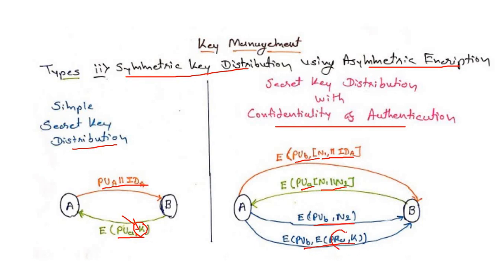These are the private key and these are the secret key. So that is asymmetric key encryption. In asymmetric encryption we use both keys, public key and private key, whereas in our earlier first case, using symmetric encryption, we used only the secret key.